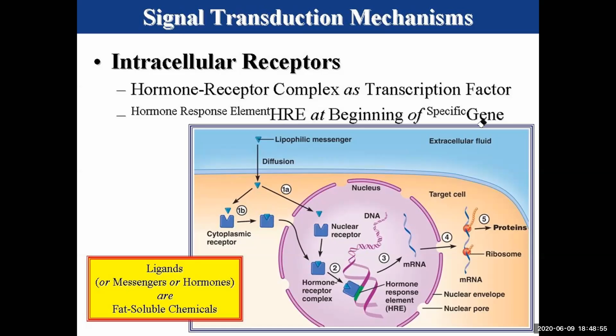A gene is a specific DNA sequence that codes for a protein. Okay, we're going to learn that later in the semester. So when we talk about a gene, it's a specific sequence of DNA nucleotides that contain information to code for a protein.